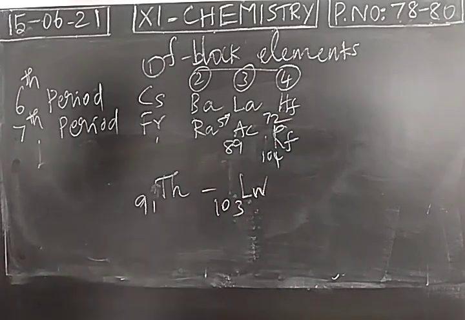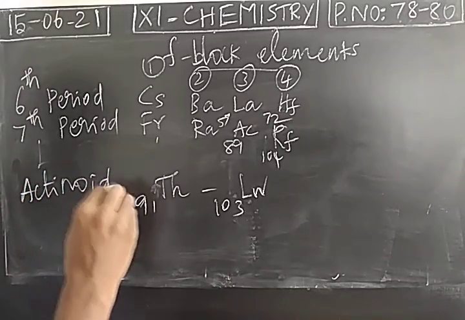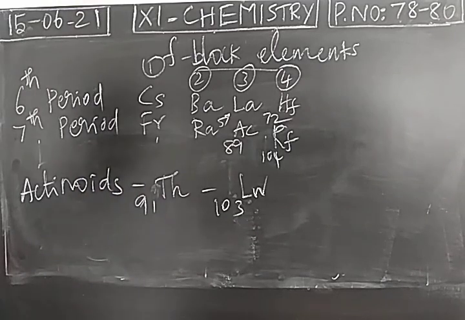From actinium, we take 14 elements. They are called actinoids. Between actinium and rutherfordium, we take 14 elements. They are present at the bottom of the modern periodic table. They are called actinides.